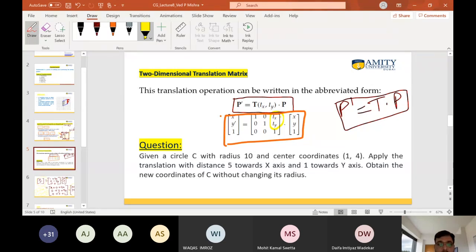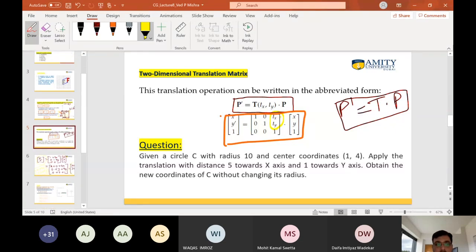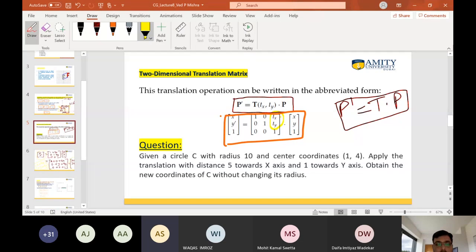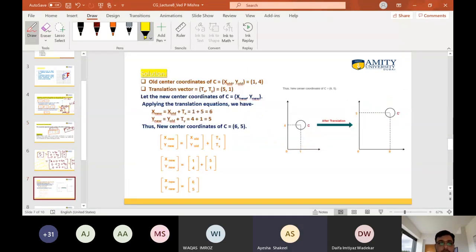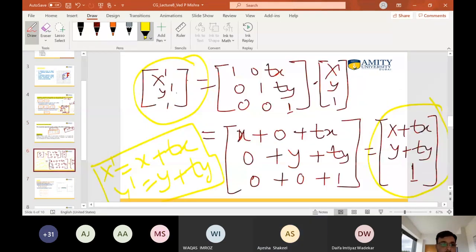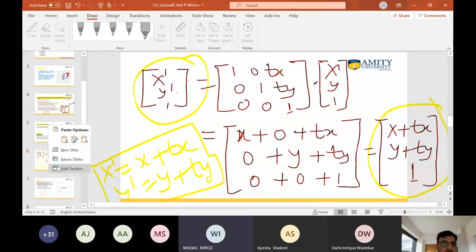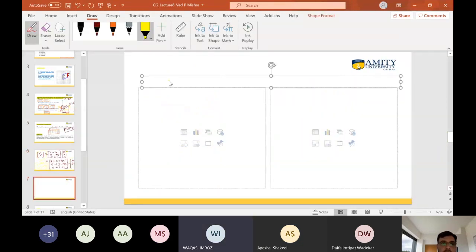Means the radius is the same. So what do you actually have to shift? The center.